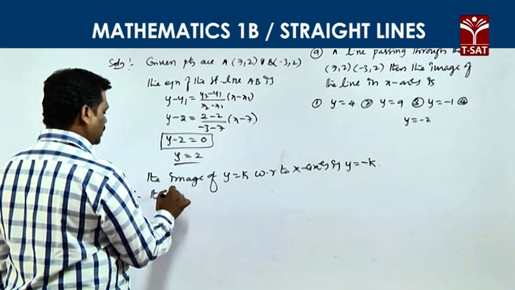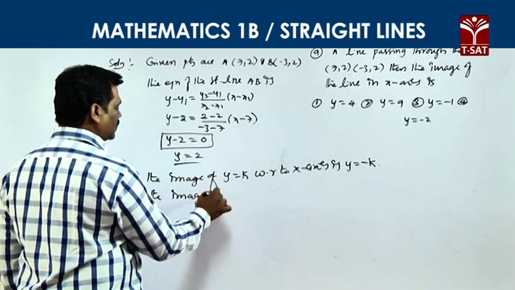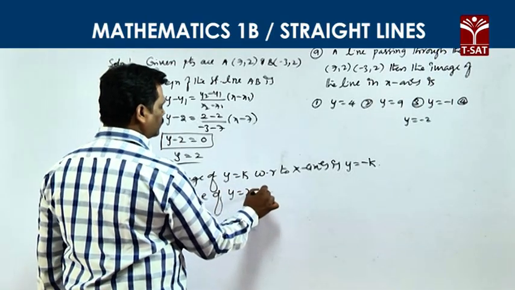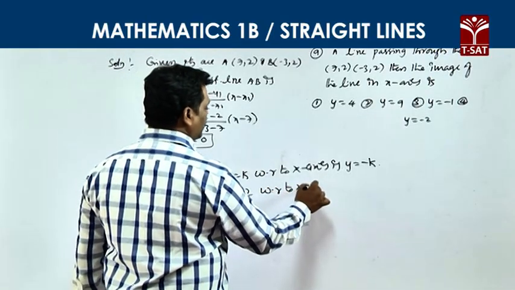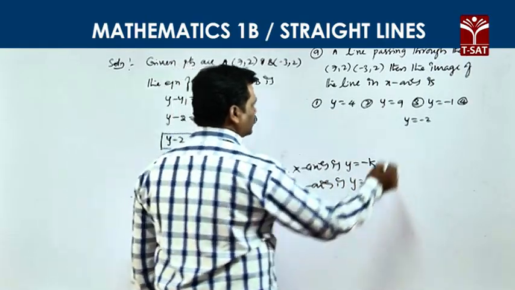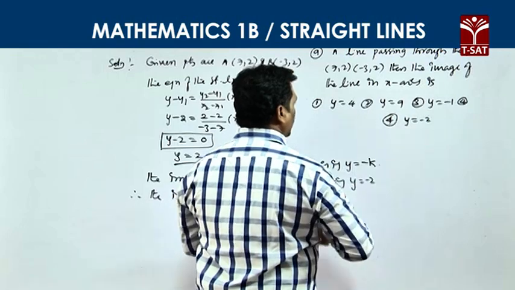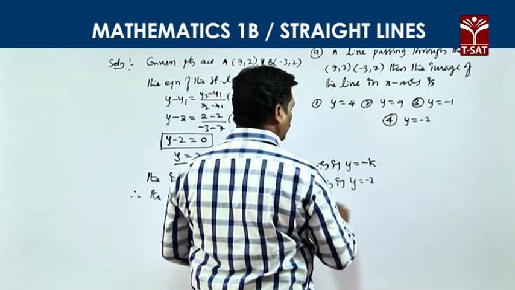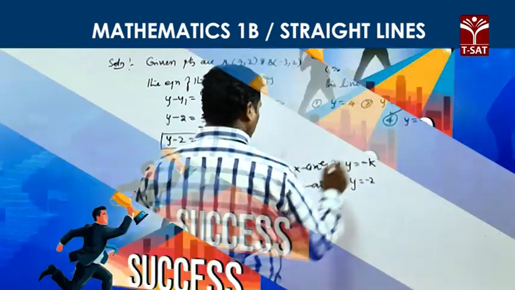Therefore the image of y = 2 with respect to the x-axis is y = −2. The option is the fourth one.